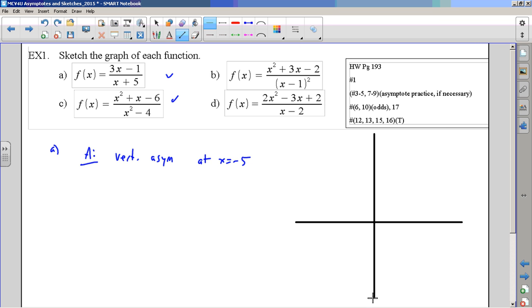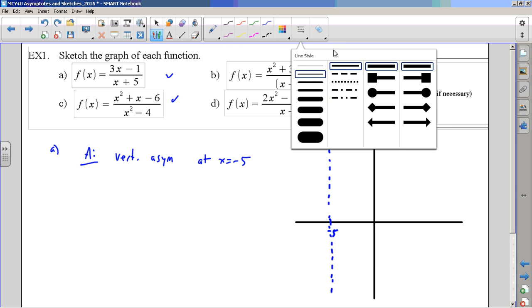Right now it's a blank slate, and then I start adding my evidence to it. So a vertical asymptote at x equals minus 5. I might have to adjust this later, but this is how I'm starting. I'm building my puzzle.